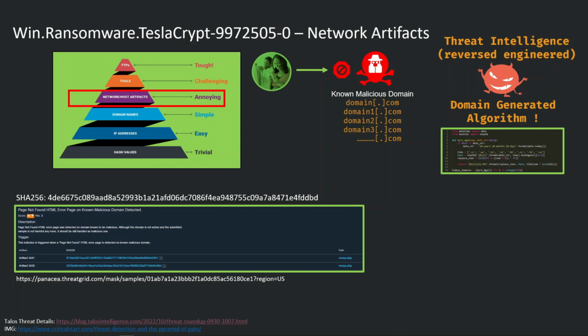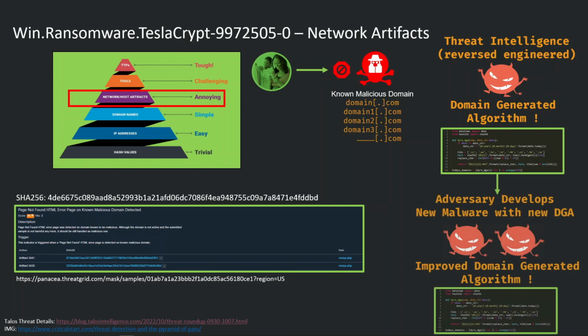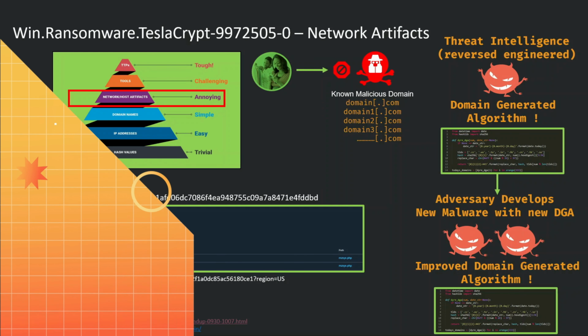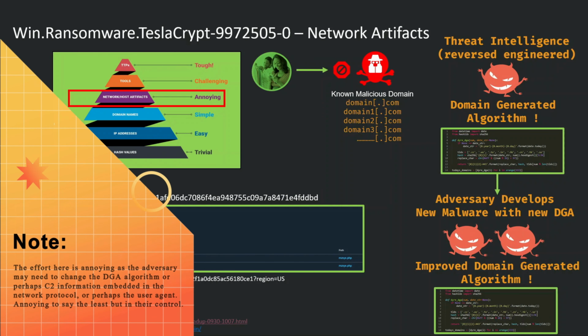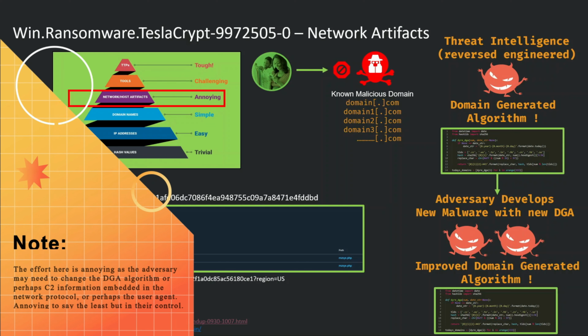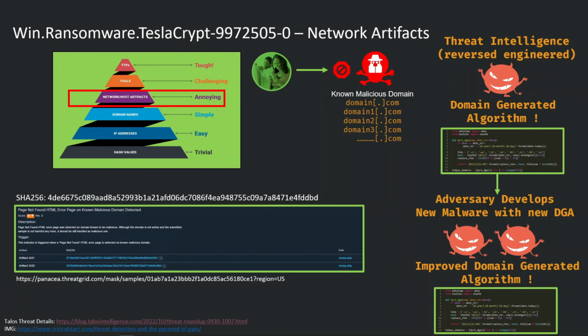So that's pretty neat. We've got that control. Why it's annoying for the adversary is having to go back now and redevelop the malware with a new and improved domain generation algorithm as an example, or a completely other method. But you can see here that now I've got to take some time. I've not only got to recreate it, I may even have to find ways to redistribute the payload.